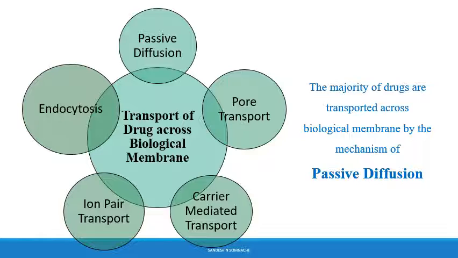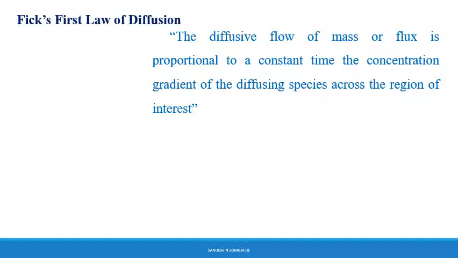According to Fick's first law of diffusion, the diffusive flow of a mass, or flux, is proportional to the concentration gradient of the diffusing species across the region of interest.